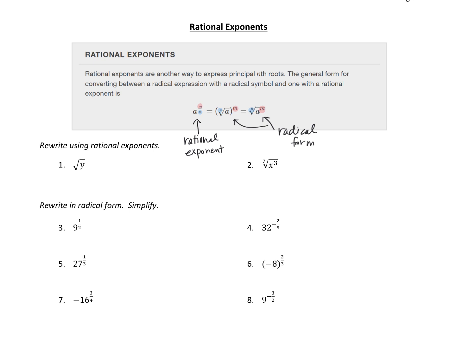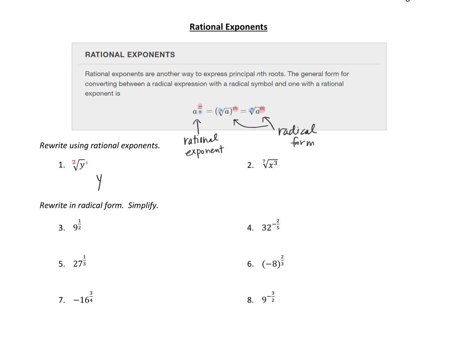So number one, we have radical form. We want to write the same thing using rational exponents. So our base is y, so we would start with y, and then we need to figure out what the exponent and the index are. If there's not an exponent, remember that's understood to be a 1. And if there's not an index, that's understood to be a 2.